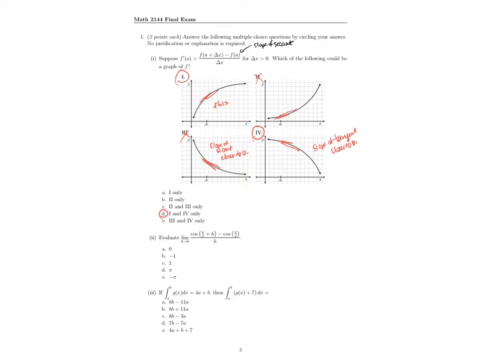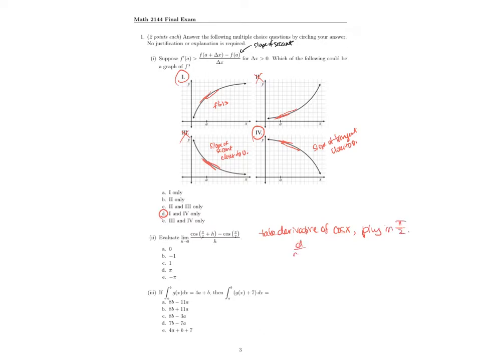For this one, I want to evaluate this, and I can see that this is the definition of derivative with pi over 2 plugged in. So what I need to do is take the derivative of cosine x, and then plug in pi over 2.